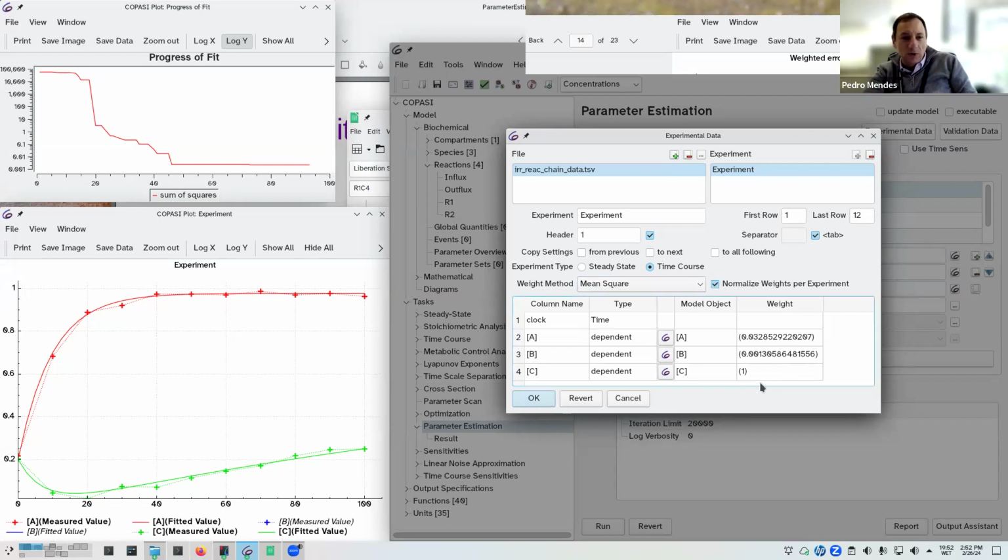So these weights were normalized for this experiment. It tries to have all 3 variables weigh the same in this experiment. If it had another experiment, it will find the weights to make those all similar. If I don't have this normalized per experiment, then they are all normalized against all of the data, absolutely all of the experiments.